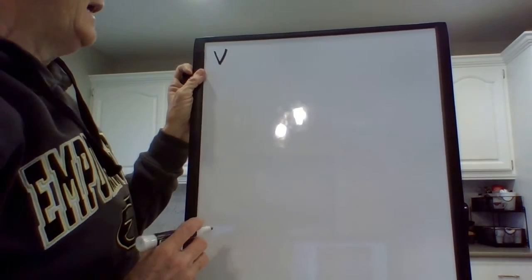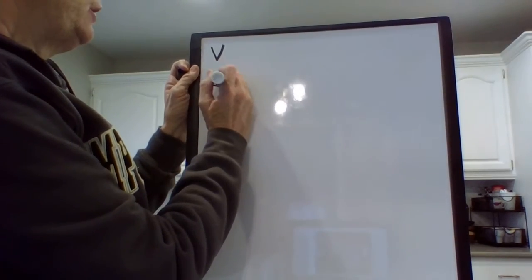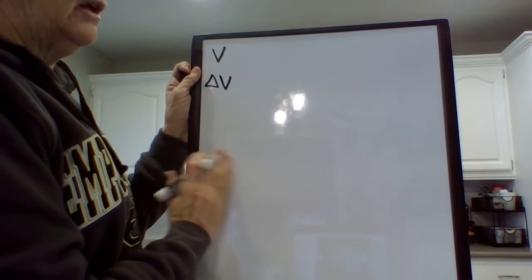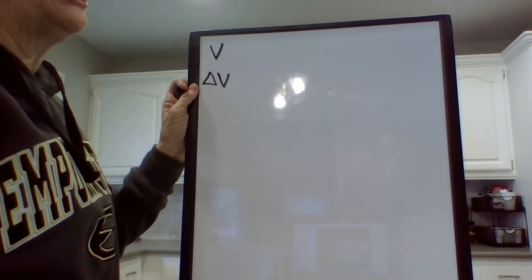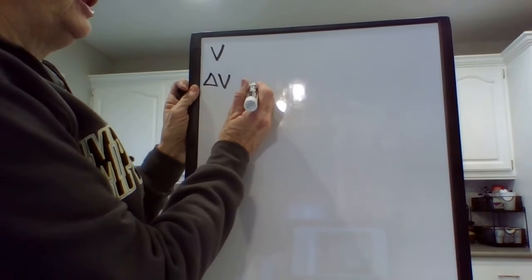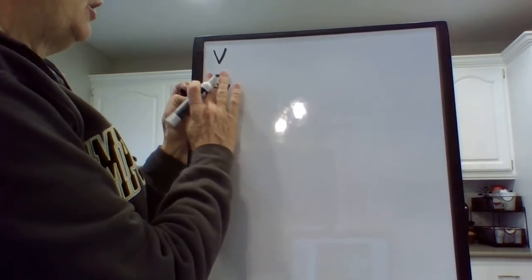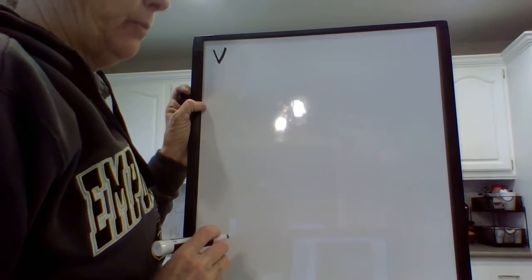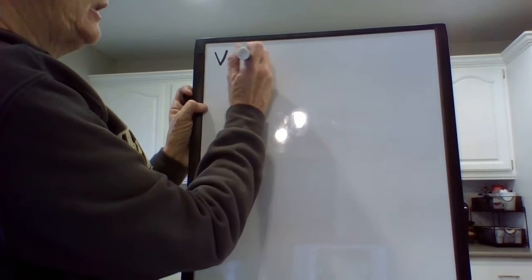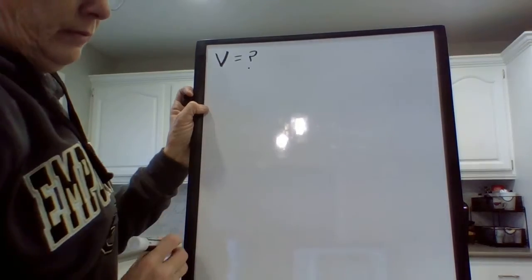Realize that the change in electric potential is what's really important when it comes to electricity. That is called voltage. V is just called the electric potential. So we want to determine what that is. That's our unknown variable.